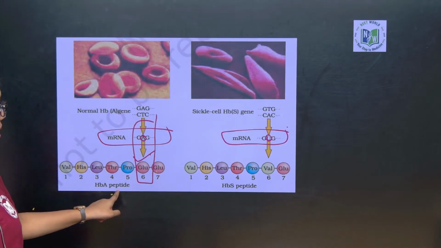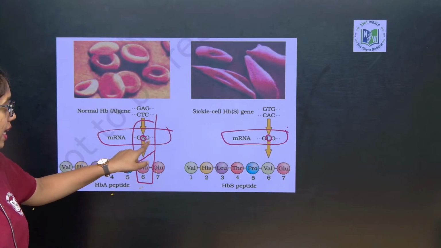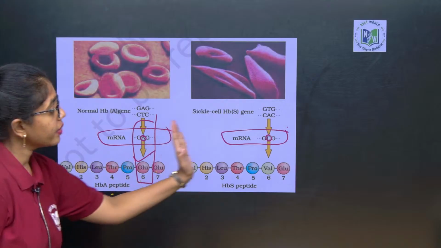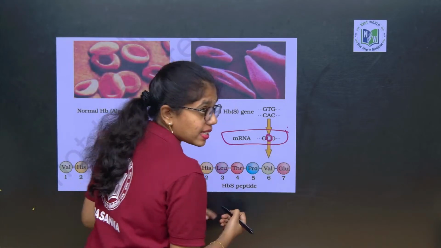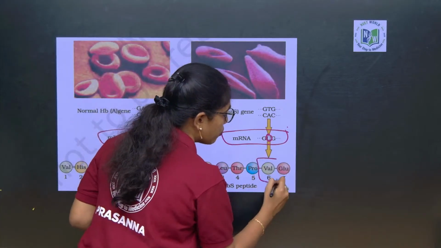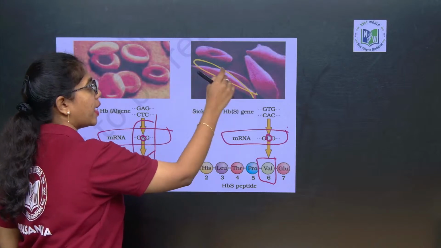Which amino acid? The sixth amino acid. GAG codes for glutamic acid, and just by the change of one base, adenine to uracil, GUG codes for valine, which gives you sickle shaped red blood cells.